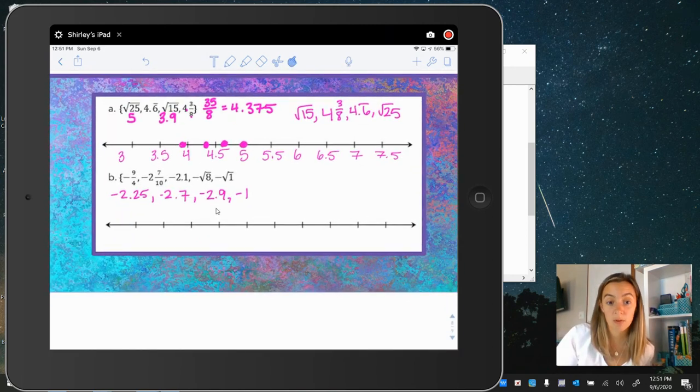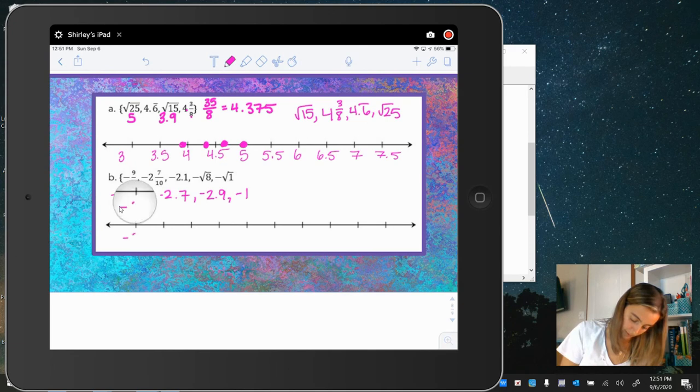My smallest number is negative 2.9, and my biggest number is negative 1. So how many lines do I have here? Perfect. So I'm going to make this negative 3. That's not going to fit.